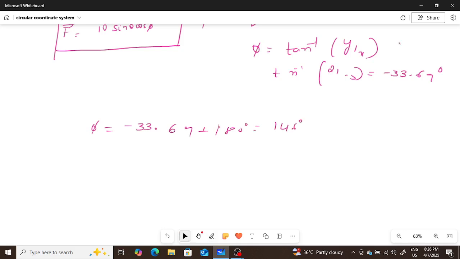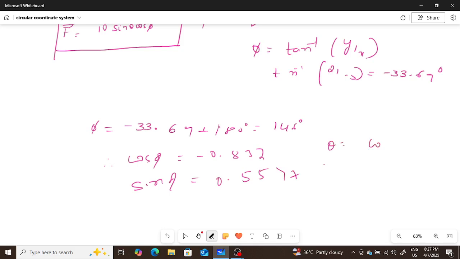When x is negative, you should add. Therefore, cos phi is minus 0.832, sin phi is 0.5547, and theta, what is theta?